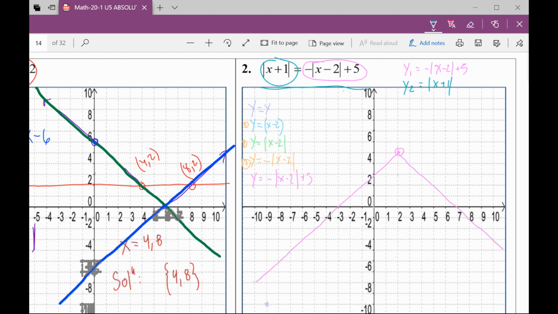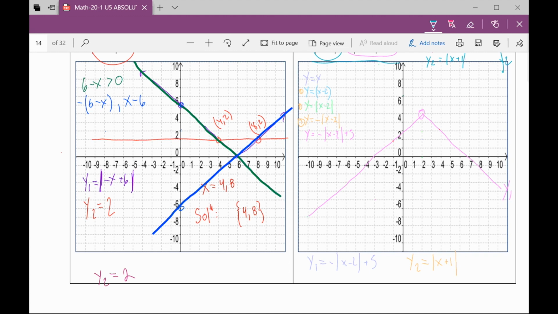So y2 is the absolute value of x plus 1. Now, if we were just doing x plus 1, then it would have had an x-intercept at -1 and a positive slope of 1, which would look like that. Now, because it's the absolute value, it's going to look a little different. We know where the turning point of the absolute value function is.